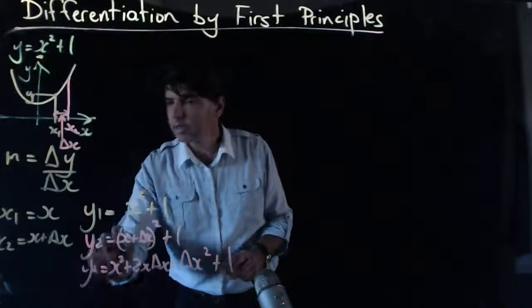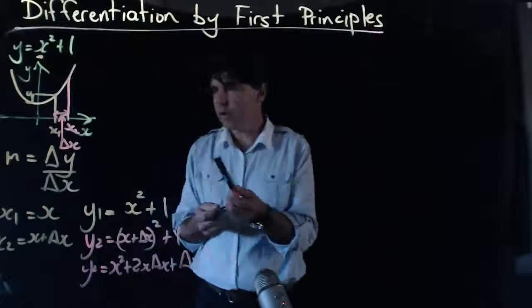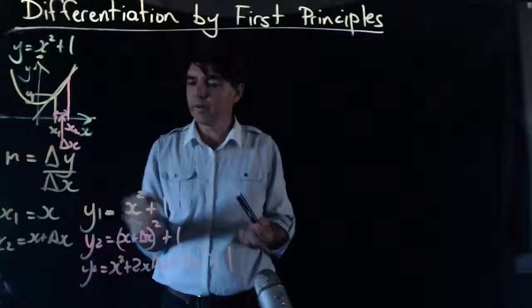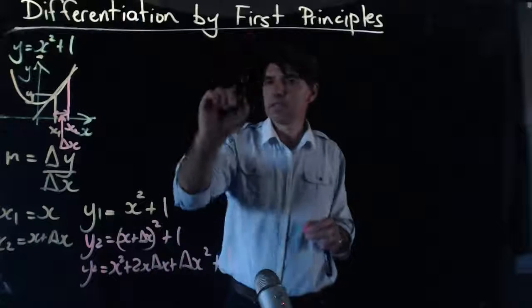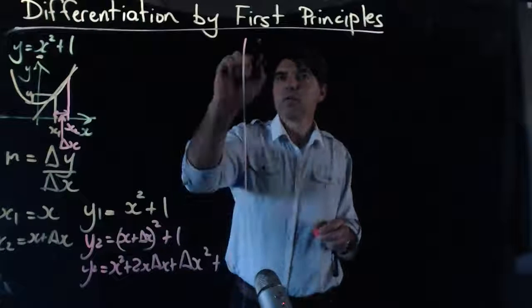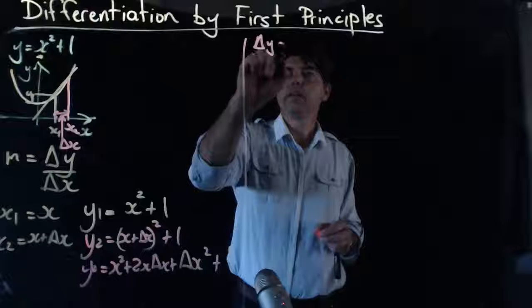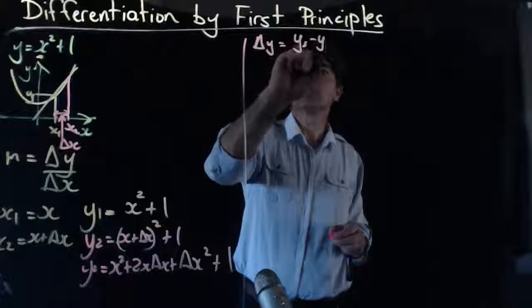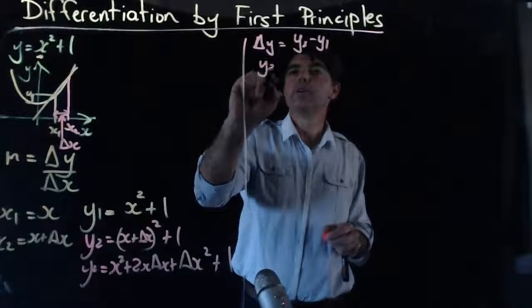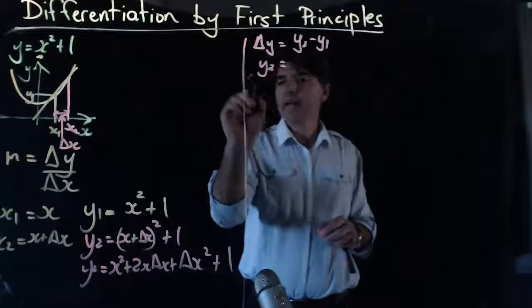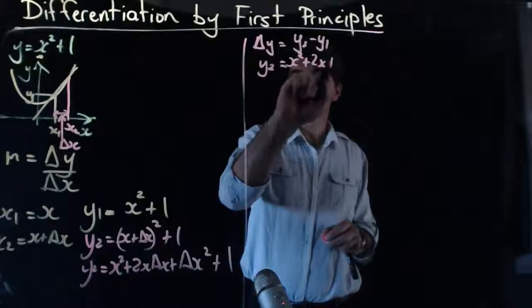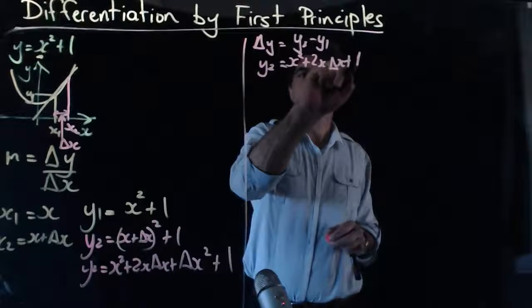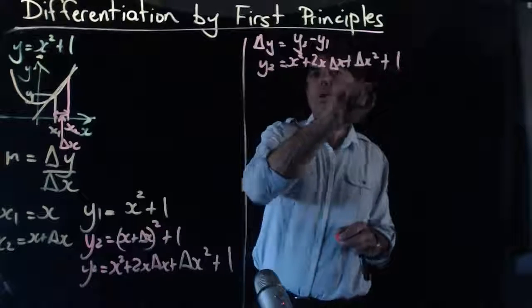There's y2. Now let's go back to what we're trying to do. We're trying to find the gradient. We find the gradient by finding the change in y, the change in x. So let's do that. Change in y equals y2 minus y1. y2 is equal to x squared plus 2x delta x plus delta x squared plus 1.